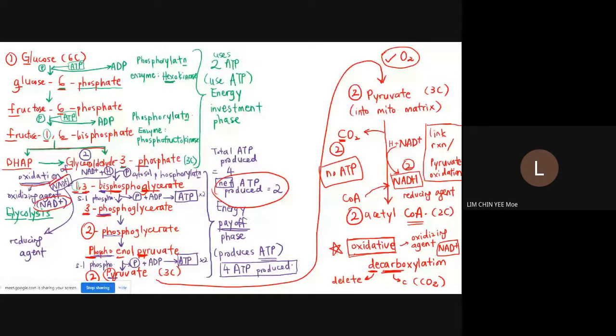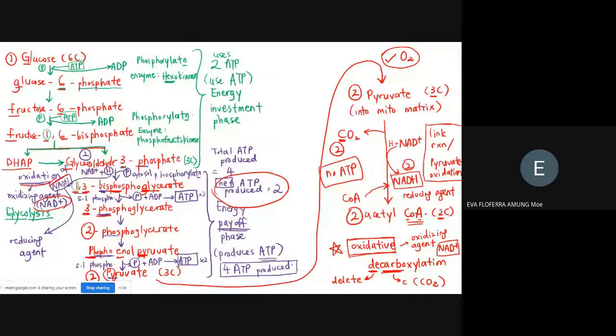So it loses 1 carbon, from 3 carbons to only 2 carbons. That's how from one pyruvate after the link reaction, I get 1 acetyl-CoA. Make sure C and A are capital letters. If 1 glucose gives 2 pyruvate, then after the link reaction I will get 2 molecules of acetyl-CoA. That's at the end of the link reaction. So far, so good.